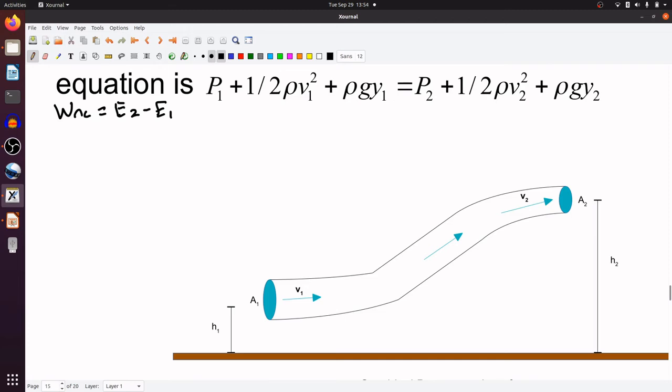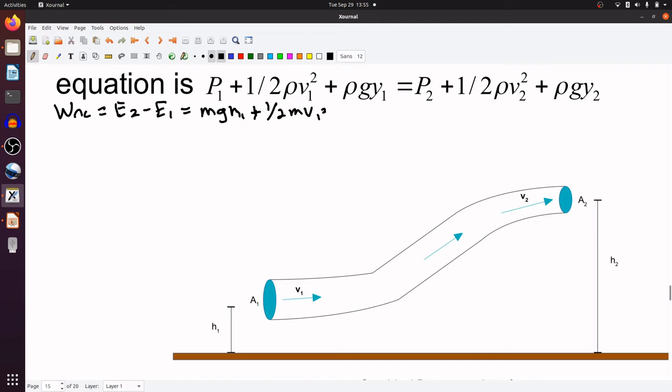So remembering conservation of energy, the energy at 2 is going to be the potential energy, so that'll be mass times gravity times h2, plus its kinetic energy, and it's irrotational, so we don't have to worry about rotational kinetic energy. And so that's going to be 1/2 m v2 squared.